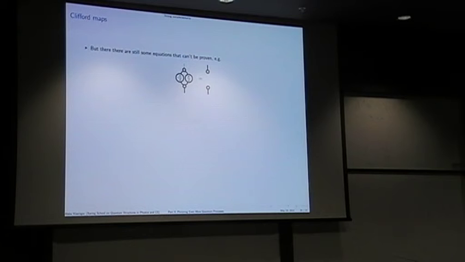So for instance, this one is true. I'll just give that as proof by authority, but I don't have much authority. That one's true, but we can't prove it. In fact, there are models of all the rules I gave you so far in which that equation doesn't hold. So it's not provable from the equations we have already.